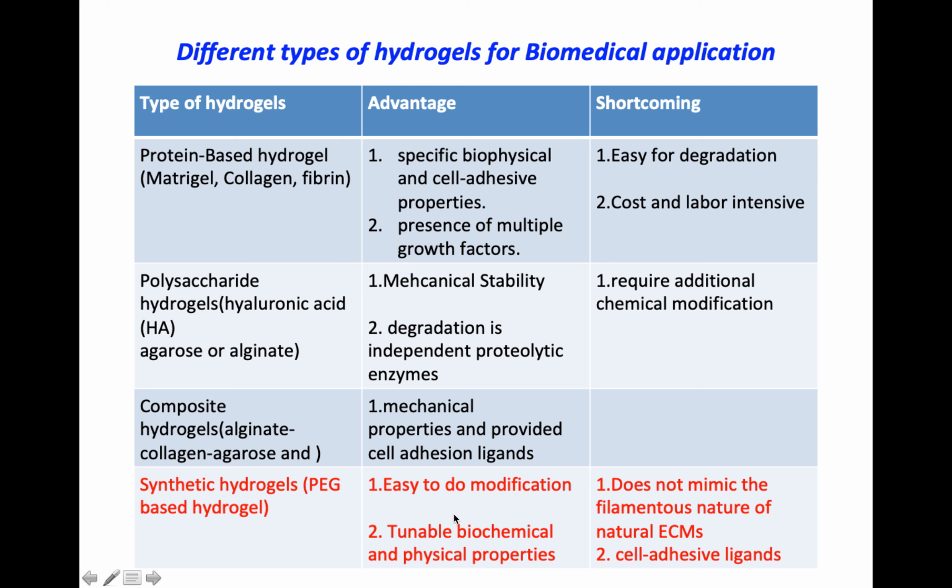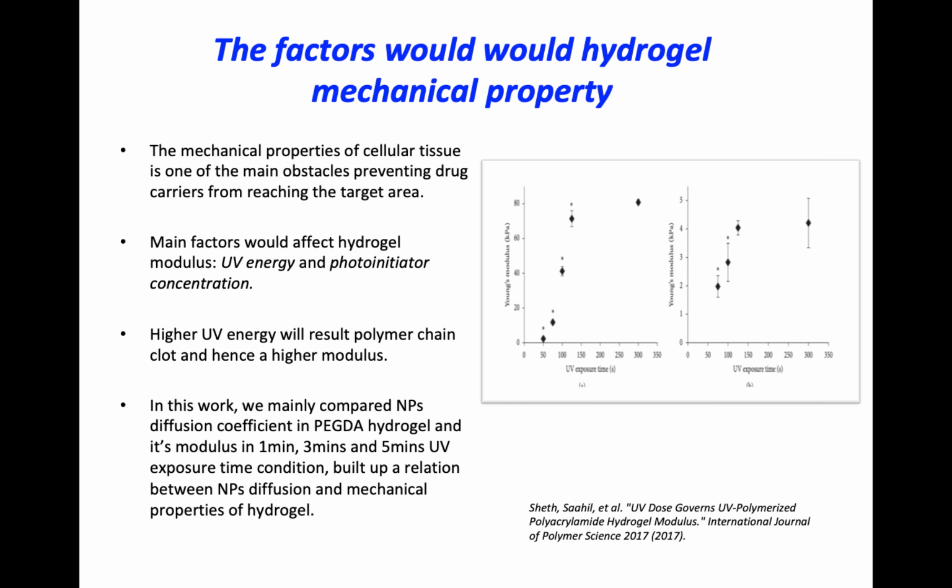And the other reason is it is tunable, and we can easily change the physical properties. So what kind of factors would change the hydrogel mechanical properties? First of all, it will be UV energy and photoinitiator concentration.